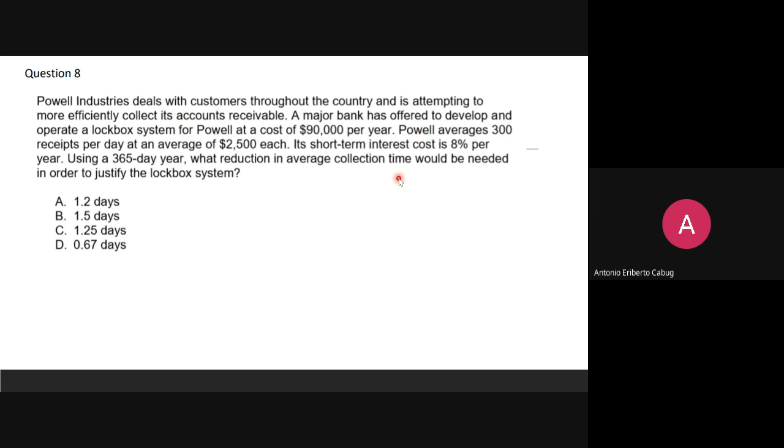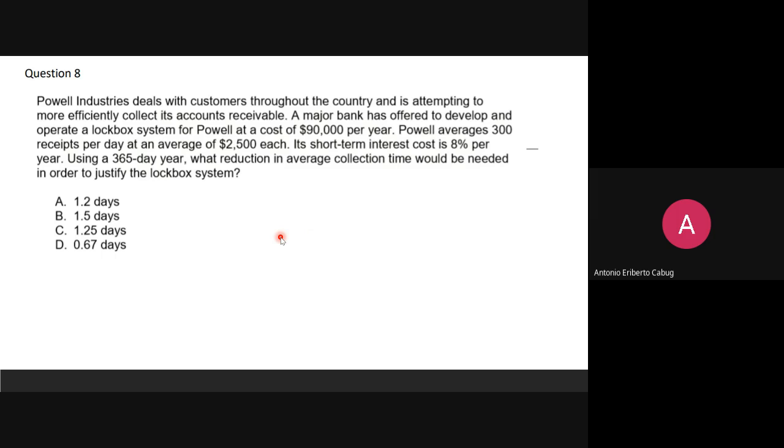A major bank has offered to develop and operate a lockbox system for Powell at a cost of $90,000 per year. Powell averages 300 receipts per day, average of 2,500 each receipt. Short-term interest cost is 8% per year. Using a 365-day year, what reduction in average collection time would be needed in order to justify the lockbox system?